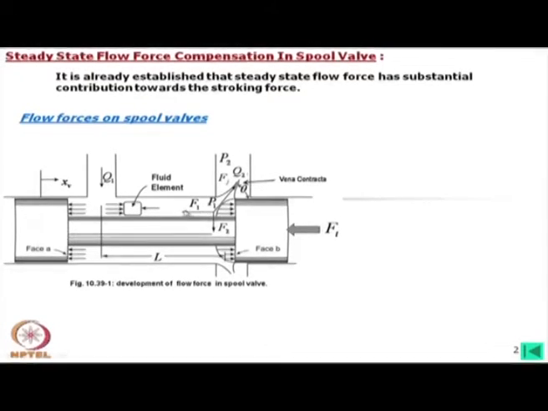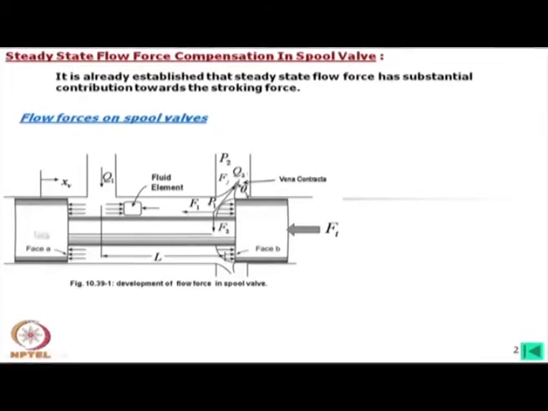This flow force, even at steady state conditions, acts on the spool in this direction. That means it is trying to close this path. Now, while we are estimating the force required to move this spool, this flow force has a substantial contribution towards the total force.